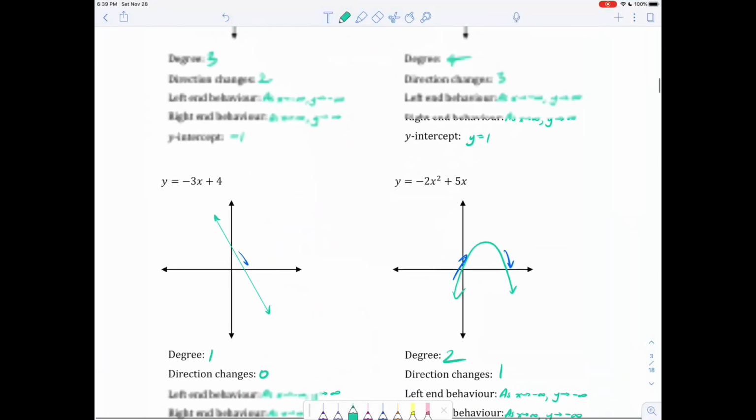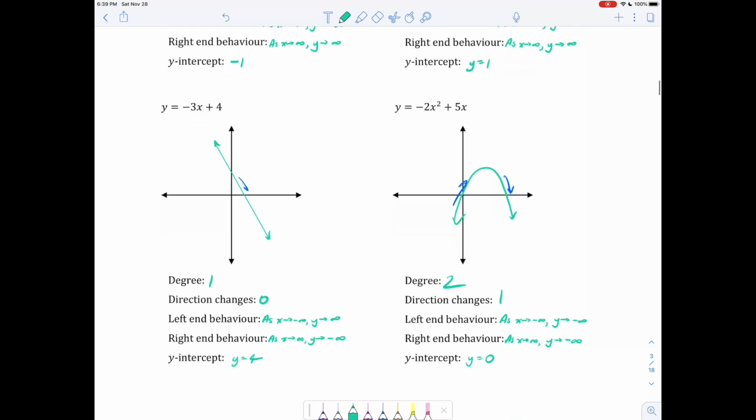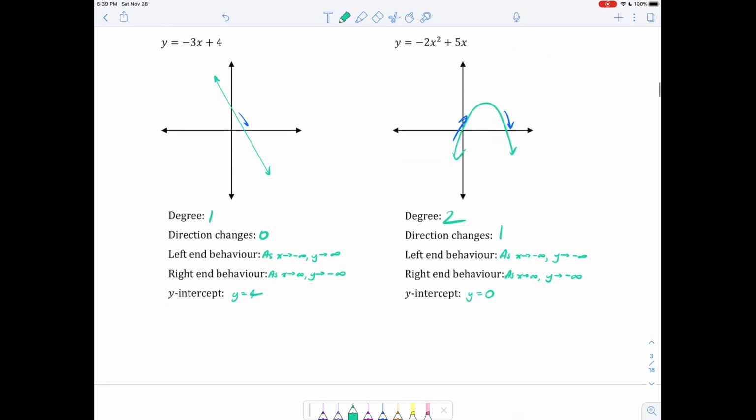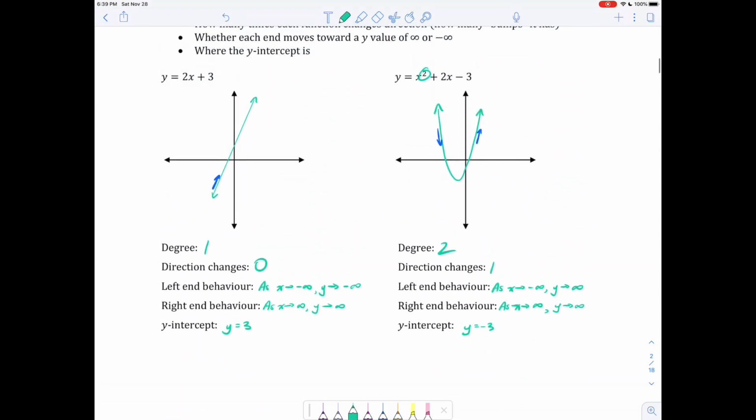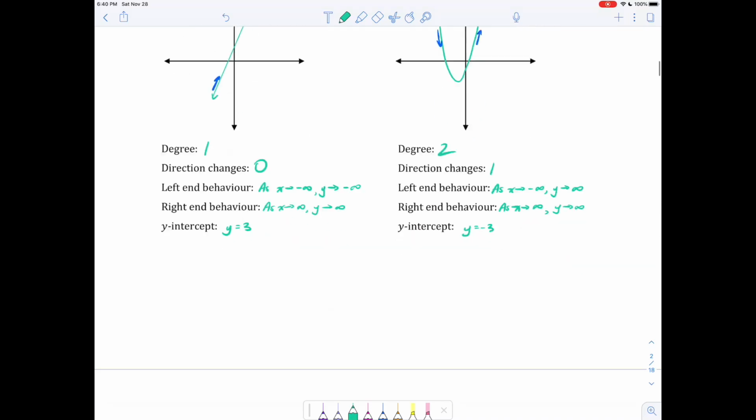We're going back to these notes now. So this is worth a little bit of analysis. We can look at a whole bunch of aspects of this. Let's start with the degree and the direction changes. In each of these cases, you can take a moment, pause, ask yourself what actually happens before I spoil it for you. But here we've got a degree of 1 and 0 direction changes. We've got degree of 2, 1 direction change.